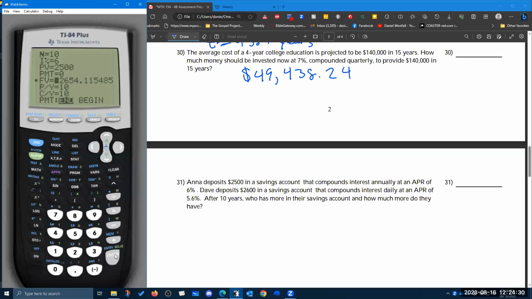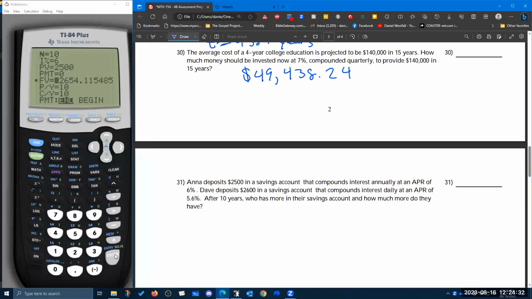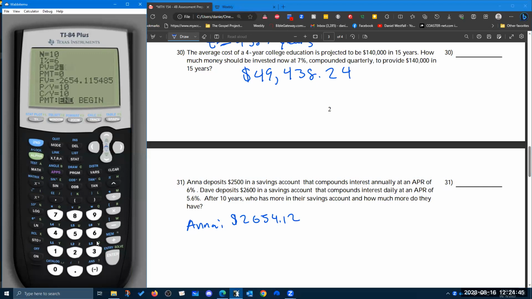Solve. So in 10 years, Anna has $2,654.12.